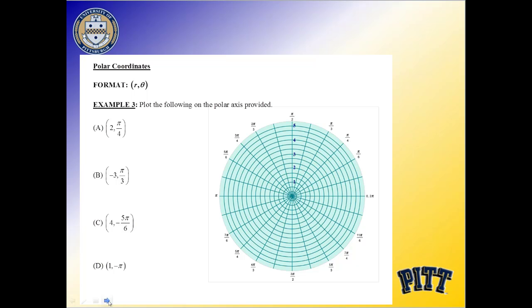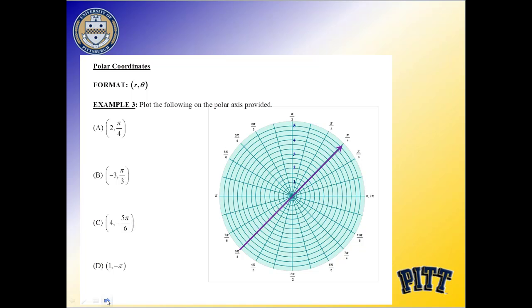So, for instance, if I want to plot the polar coordinate 2 comma pi over 4: when plotting points, we're used to starting with the x, moving left or right however many units it tells me to, and then moving up or down from that point. Here I'm going to start with the angle measurement. I'm going to find where pi over 4 is located. So pi over 4 points in that direction.